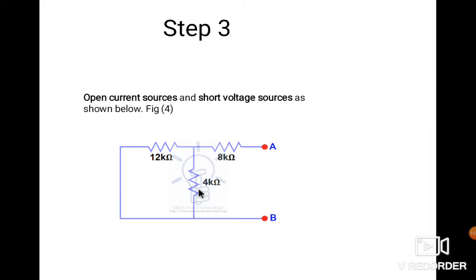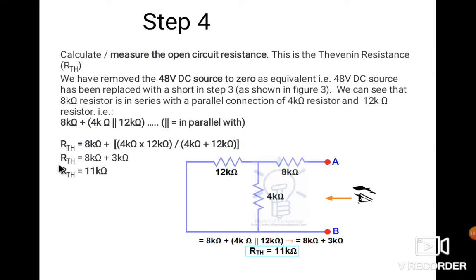So 12 kilo ohm and 4 kilo ohm are in parallel, and this parallel combination is connected in series with the 8 kilo ohm. Then you find RTH is 11 kilo ohm, right?